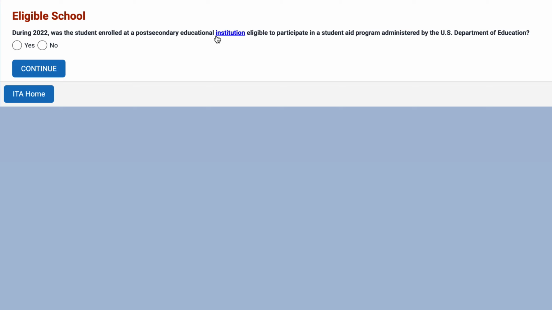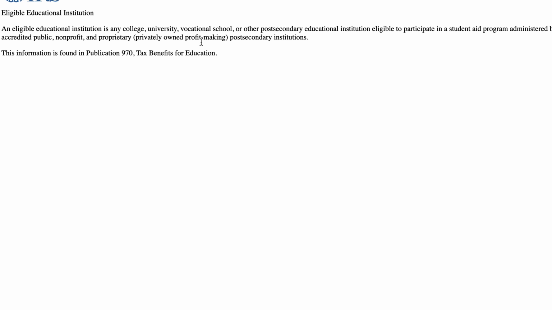Anytime you see this blue highlighted font, you can click on it to get more information. IRS Publication 970, Tax Benefits for Education, states that an eligible educational institution is any college, university, vocational school, or post-secondary educational institution that's eligible to participate in student aid administered by the U.S. Department of Education.